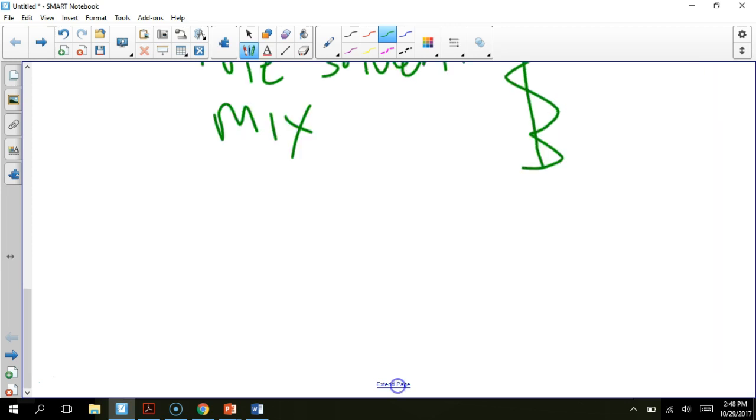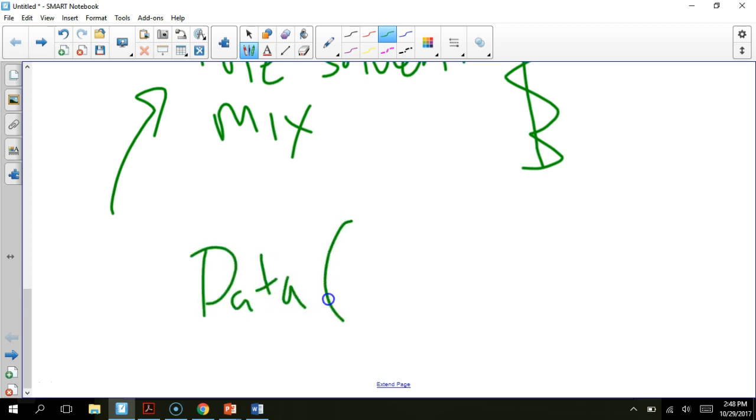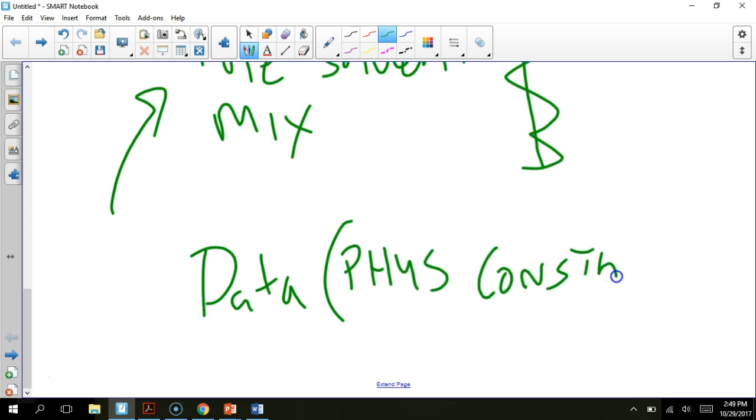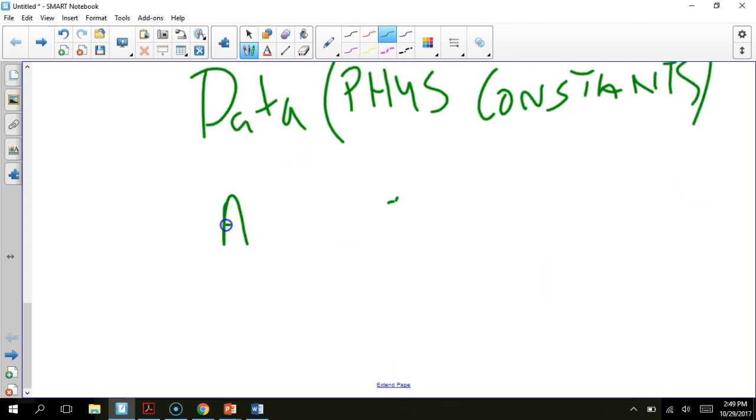So the other things that you need to include, not only the general procedure, the proposal, but you should also include a data table, which would look like your physical constant sheet, because you're going to want to know, let's say for acetone, what it's going to look like in IR.